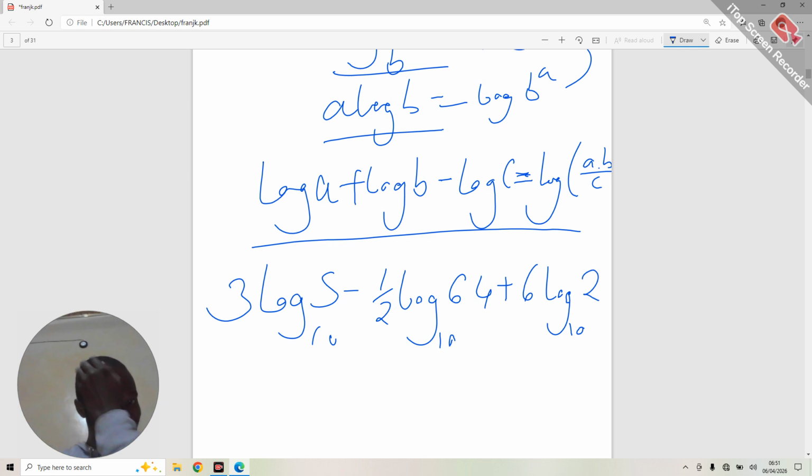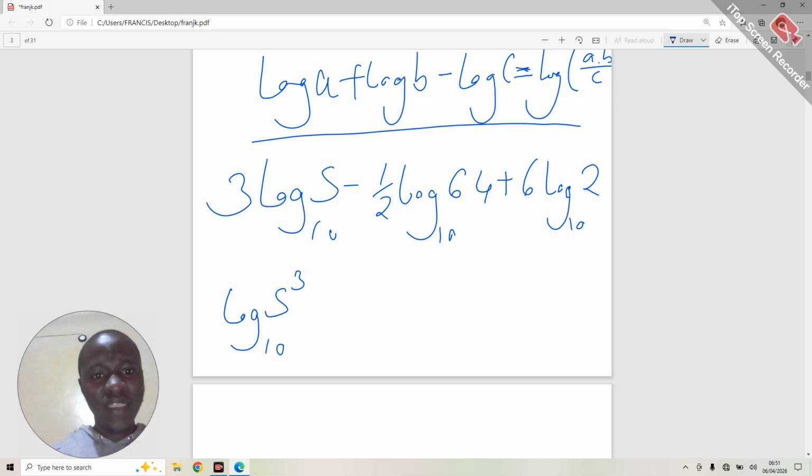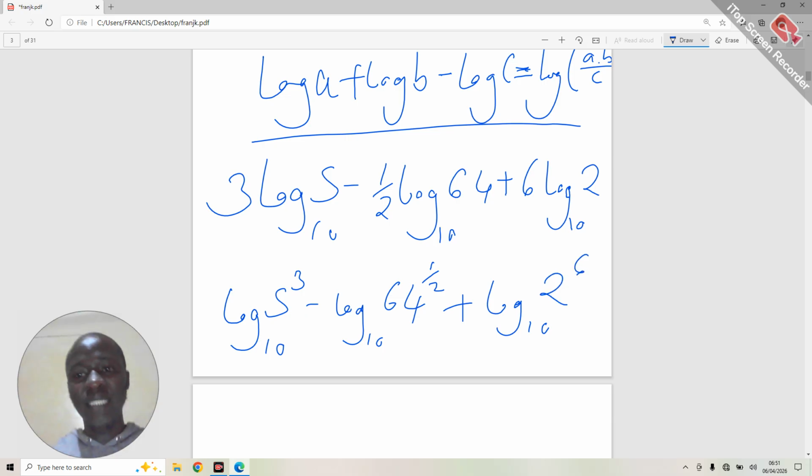So let's simplify it. We shall have log of base 10, 5 power 3 minus log of base 10, 64 power a half. Remember that power half is the same as root of 64, or maybe square root of 64, plus log of base 10, 2 power 6.